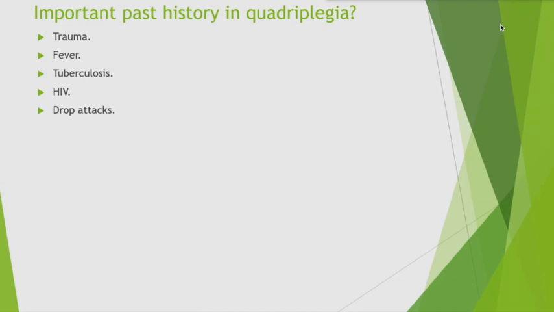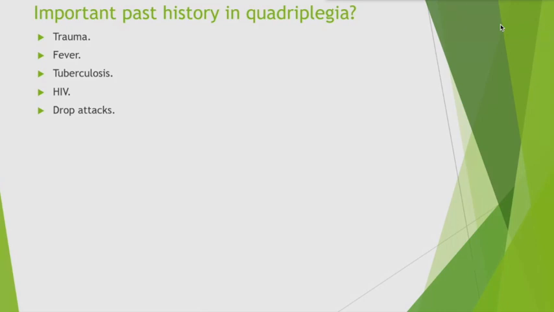Later on, HIV can directly affect the spine, called vacuolar myelopathy. There is also something called tropical spastic paraplegia produced by the retrovirus HTLV, producing paraplegia, quadriplegia, commonly seen in African countries or Japanese islands and so on.